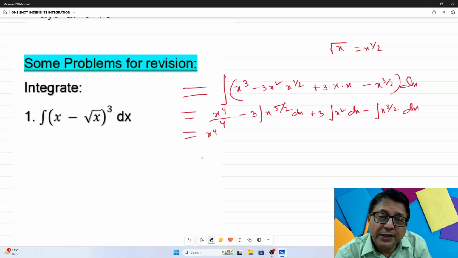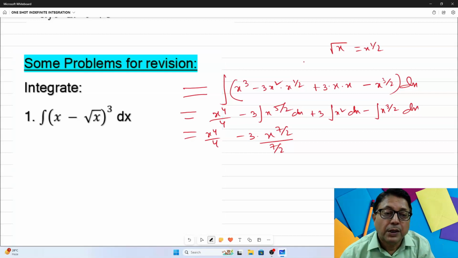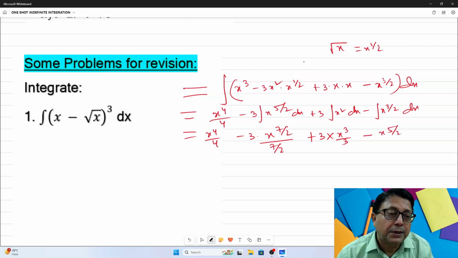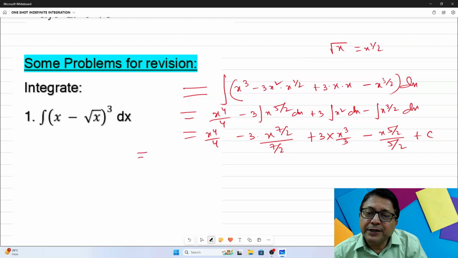On integrating the second term, it will give you 5 by 2 plus 1 by 5 by 2. This one is 3 into x cube by 3 minus x to the power 5 by 2 by 5 by 2 plus c. Simplify it to get the final answer.